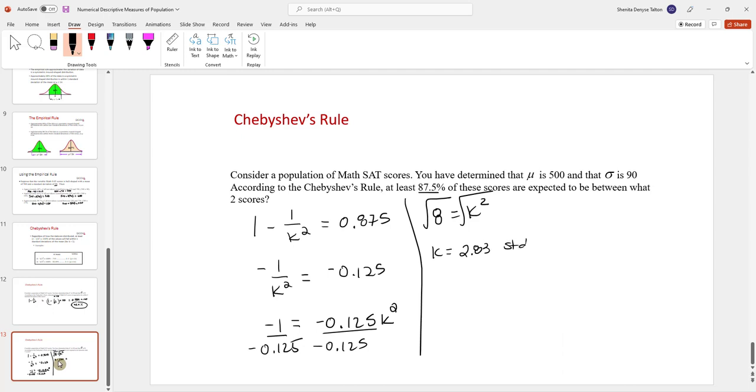So this is the number of standard deviations. All right. So now to figure out what two values that 87.5% of these scores will be between, what I'll do is I'll take the mean, 500. I'm going to subtract 2.83 times the standard deviation.